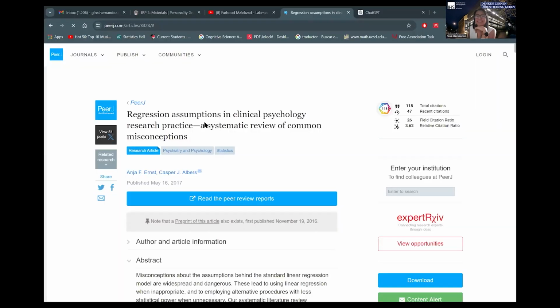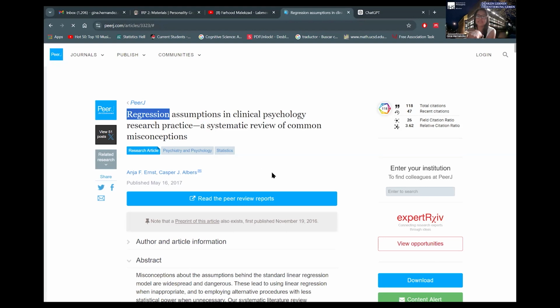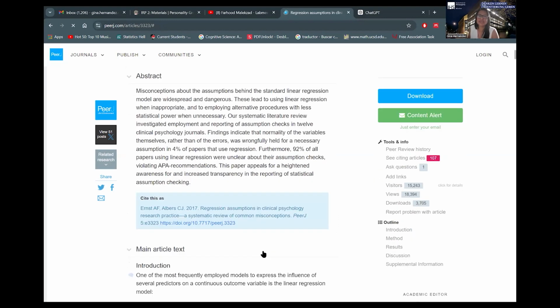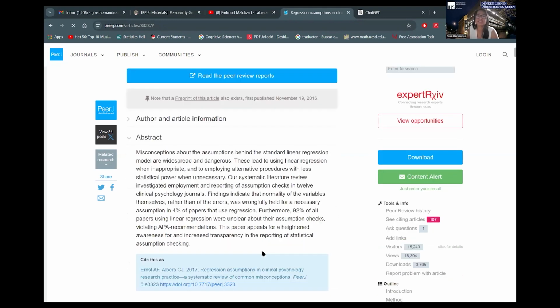Here they are looking into regression assumptions in clinical psychology research practice. It is great because regression analyses are really common in psychological research. Actually, they are running regression analyses in the paper we were looking at about character strengths. They are conducting a systematic review of a lot of papers trying to see how the assumptions were met or not, or if they were using misconceptions to run the statistical analysis.